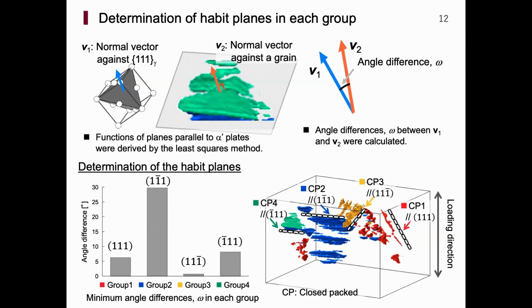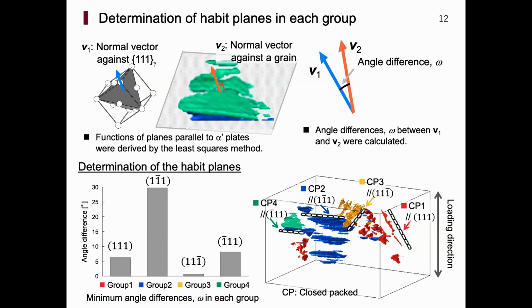And then we derived the function of planes parallel to each martensite product by the least squares method and calculated the normal vector against the planes. And then finally, we calculated the difference of angles between these normal vectors and defined the Miller index with least difference of angles as the habit planes of each martensite product.